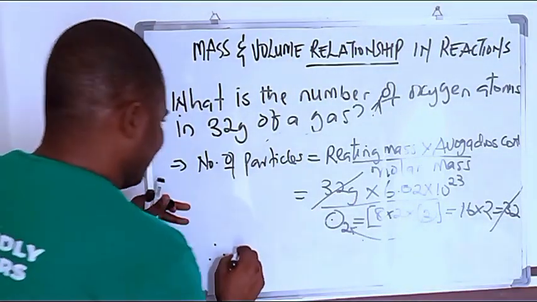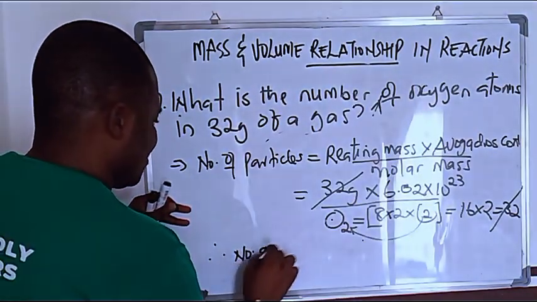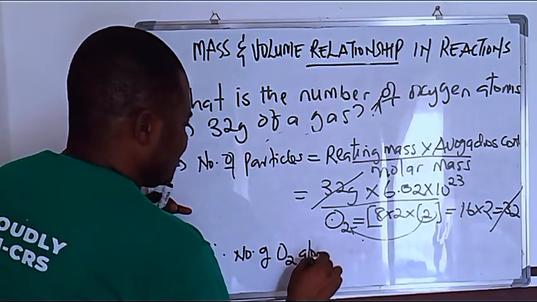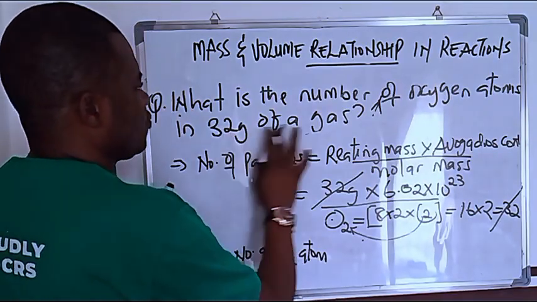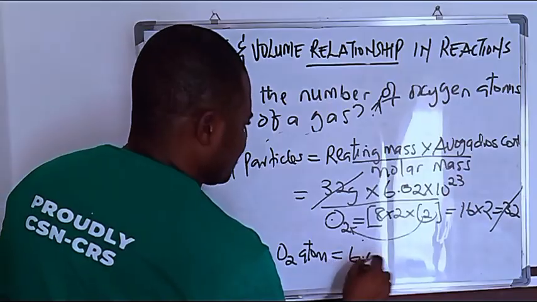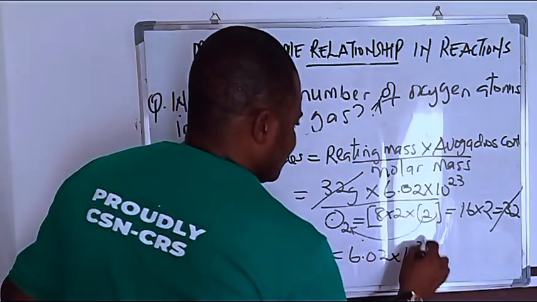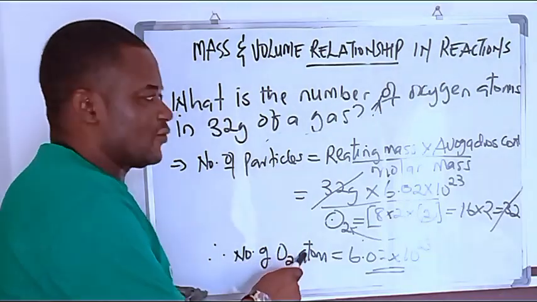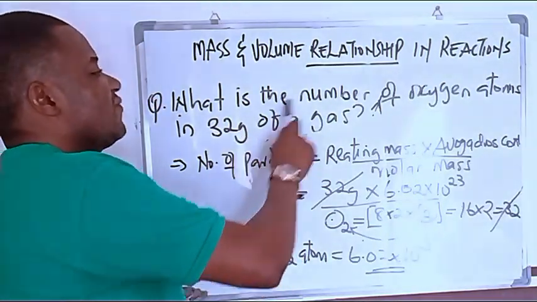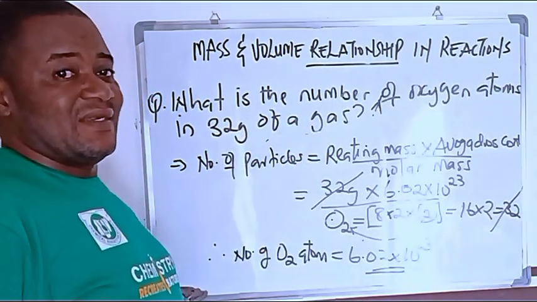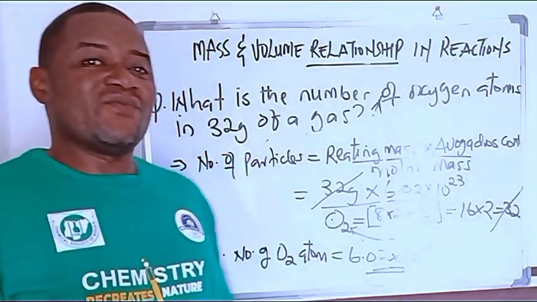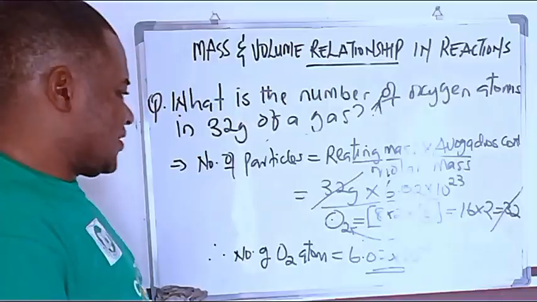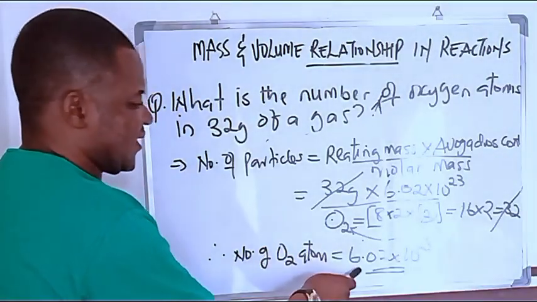So what we now have is the number of oxygen atoms in 32 grams of this gas, which is equal to 6.02 times 10 to the power 23. This should remind you of what Avogadro's number is. This is what you will obtain at the end of the day.